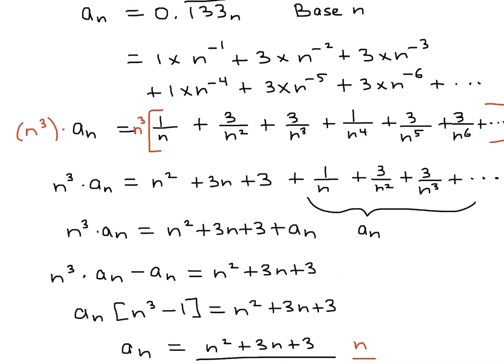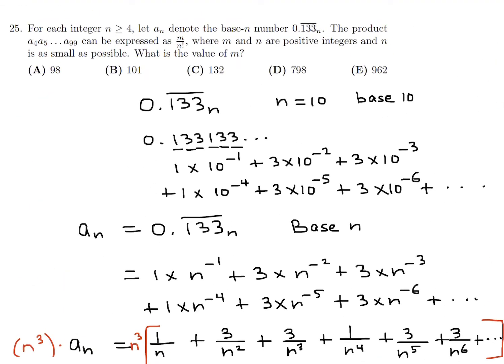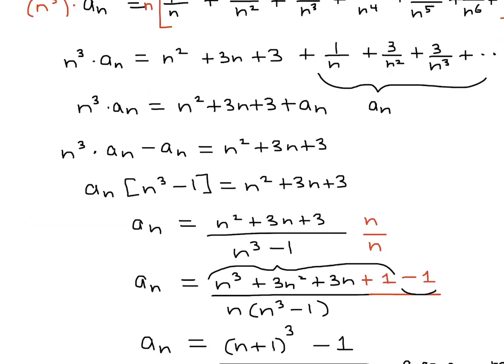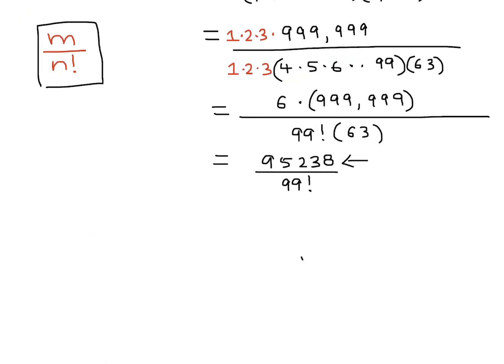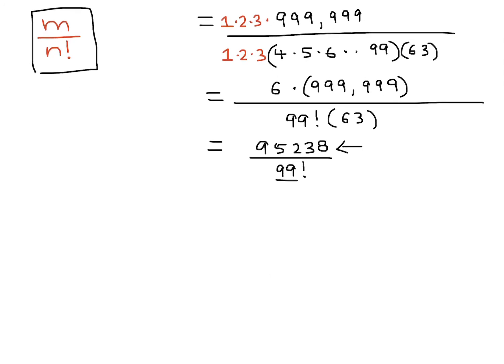Right? Let's go see. 95238 is not one of the answer choices. Okay. Well, why isn't it one of the answer choices? Well, they want n as small as possible. So perhaps my n is not as small as possible. Okay. This was my n. All right. So let's see if I can make it any smaller. 95238.